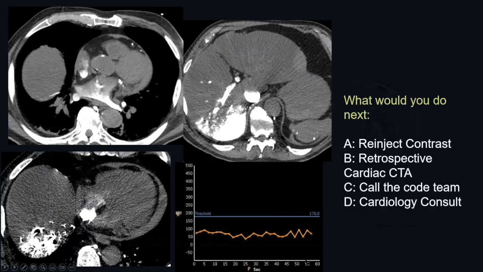This is a PFO or a small ASD through which contrast comes into the left atrium. It goes into the dependent portions of the pulmonary veins. There's no contrast in the pulmonary artery. It goes into the IVC. You can see a blood-contrast fluid level in the IVC. It goes into the hepatic parenchyma and retrograde opacifies the right portal vein.